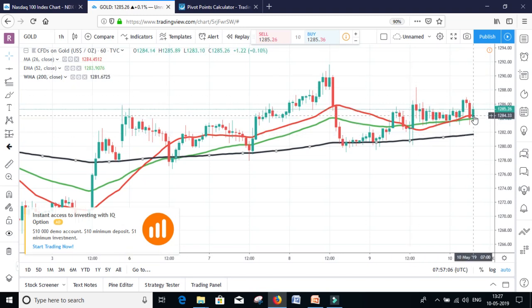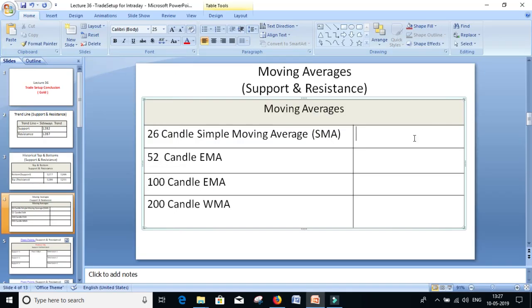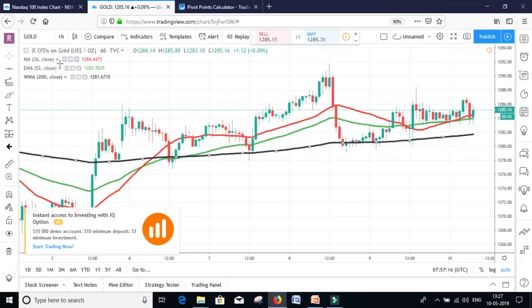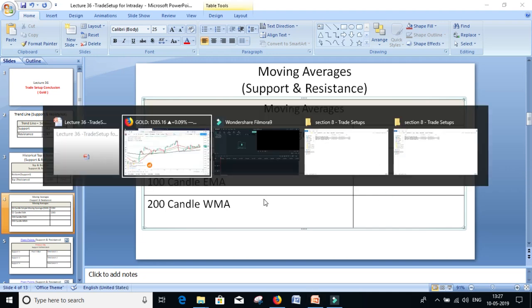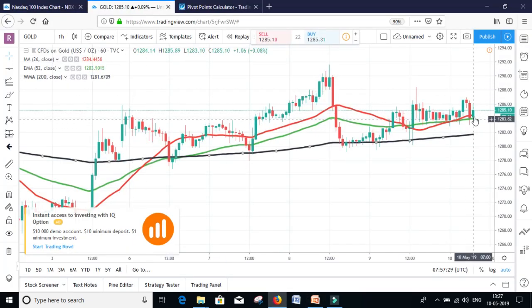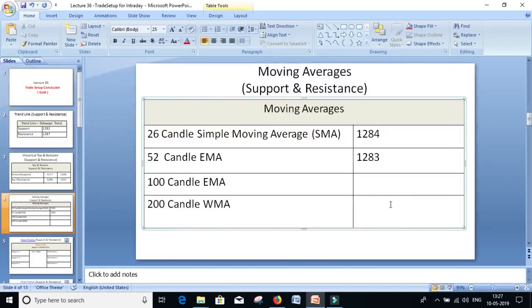So the first one, the 26 moving average, is 1284. So we put 1284. Then we take the 52 candle EMA on the current candle, that is 1283. Then we put the 200 candle average, shown in black color, that is 1282.